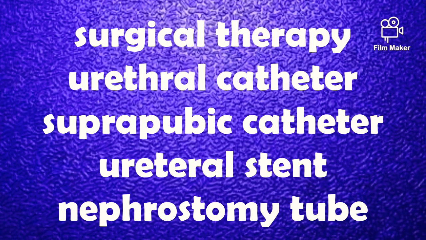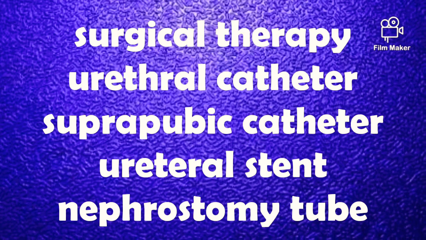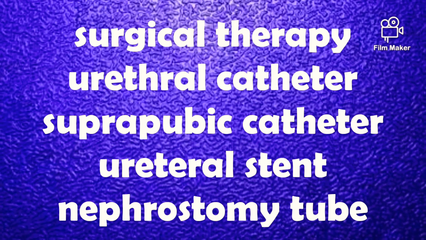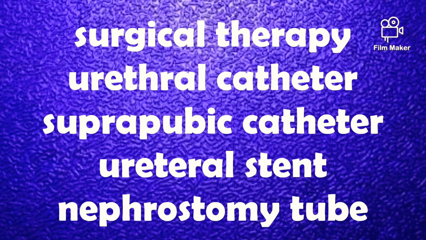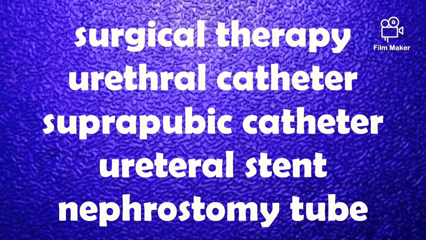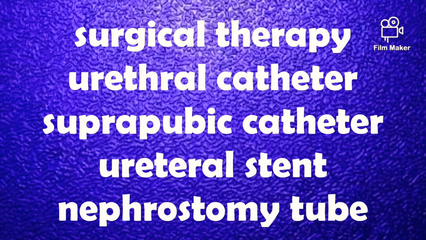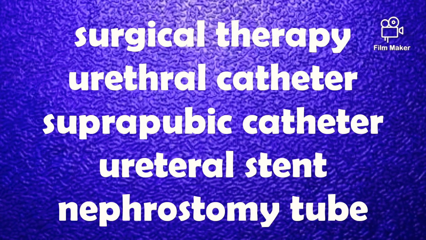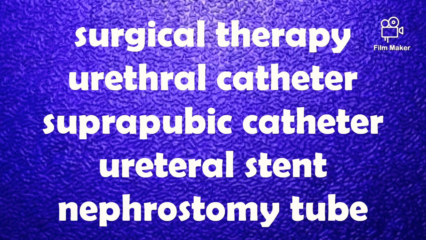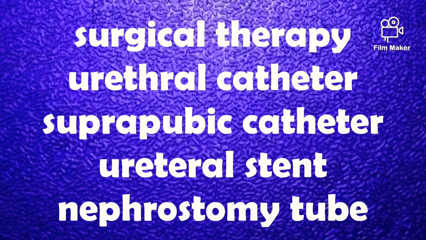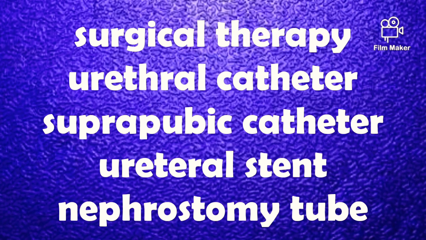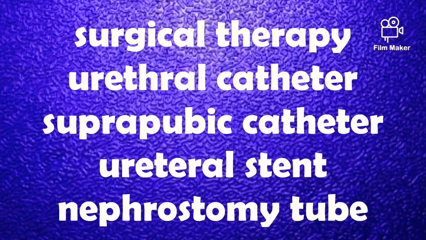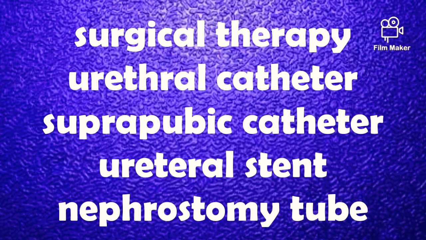Lower urinary tract obstruction, that means bladder or urethra, can be relieved with the following. Urethral catheter. A urethral catheter is a flexible catheter that extends from the bladder through the urethra. The catheter can be left indwelling or, as an alternative, the patient can perform clean intermittent catheterization.